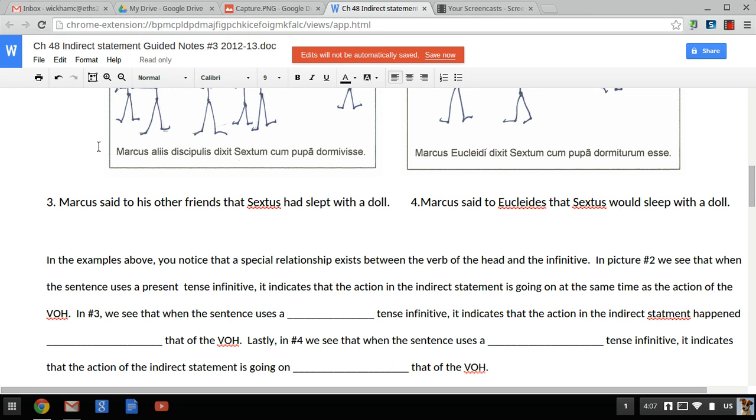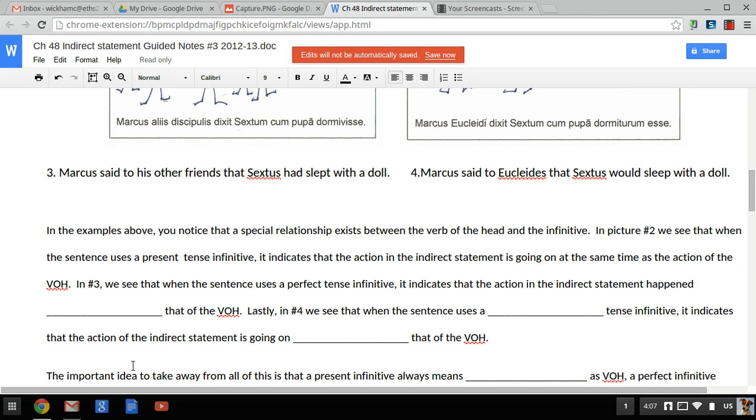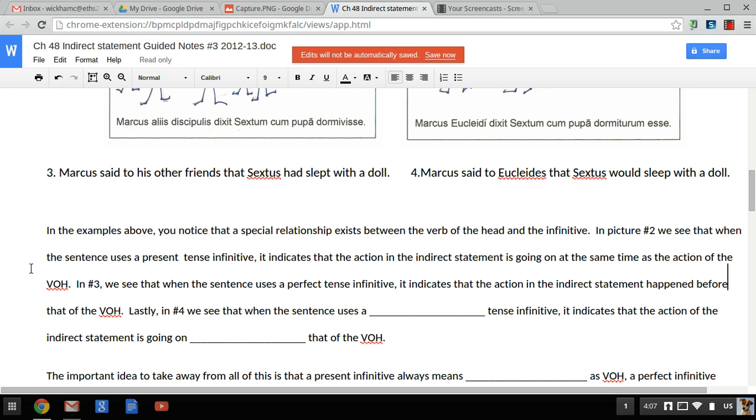In sentence 3, which you can see here, we see that when the sentence uses a perfect tense infinitive, it indicates that the action in the indirect statement, typo there, maybe you probably can't fix that on yours, happened before that of the main verb, or the verb of the head. Right? Marcus said to the other students that Sextus had slept with a doll. That's why I did that, as you may have noticed.